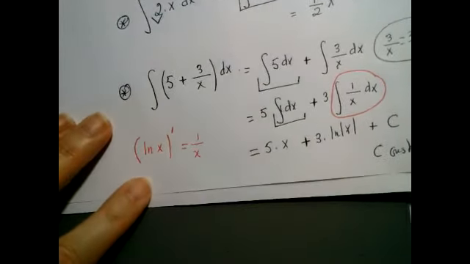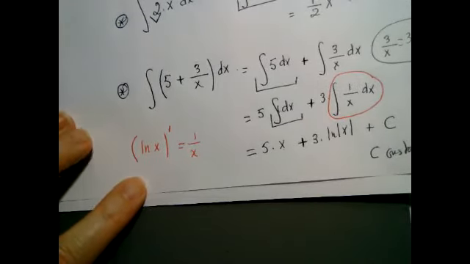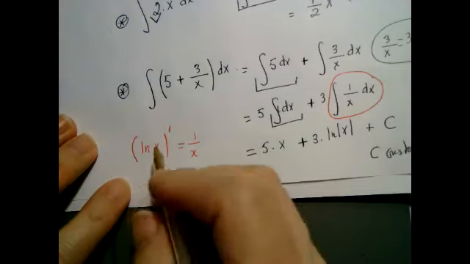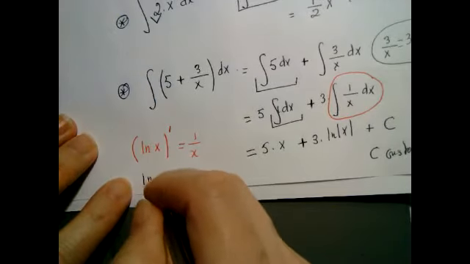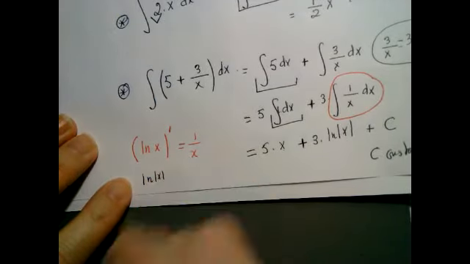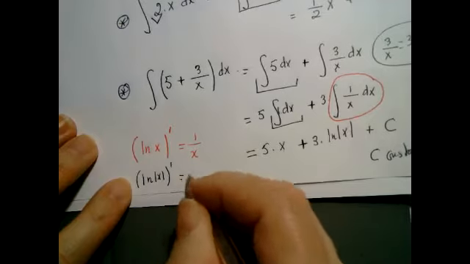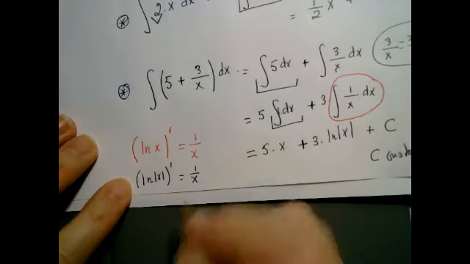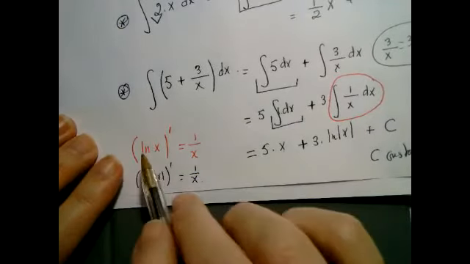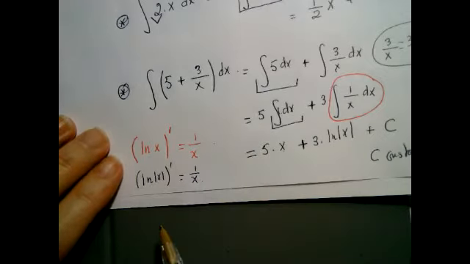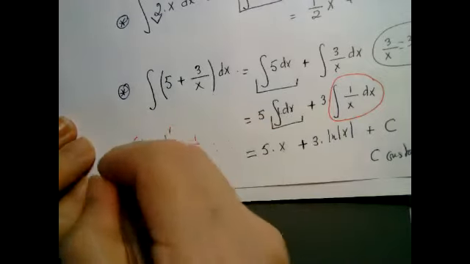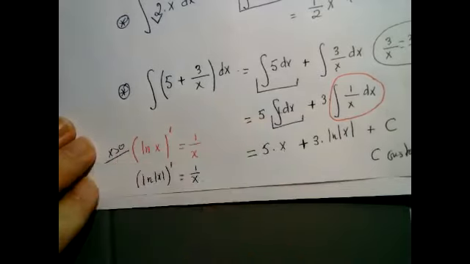Exactly. Now, I didn't show it to you, but we can prove the following: if instead of x, I take ln of the absolute value of x, which is a new function, its derivative is also 1 over x. The derivative of ln x is 1 over x as long as x is positive.